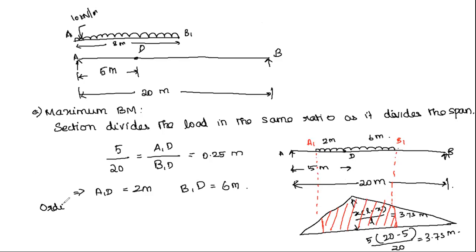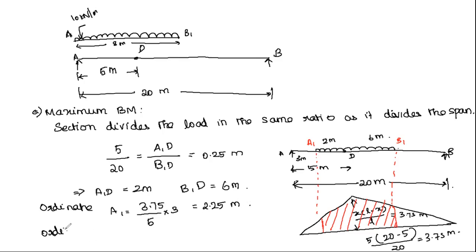So ordinate at A1 is equal to 3.75 divided by 5. So it is 3.75 at a distance of 5 meter. So 5 minus 2 is 3 meters. So what will be the ordinate here? 3.75 divided by 5 into 3. It is equal to 2.25 meter.